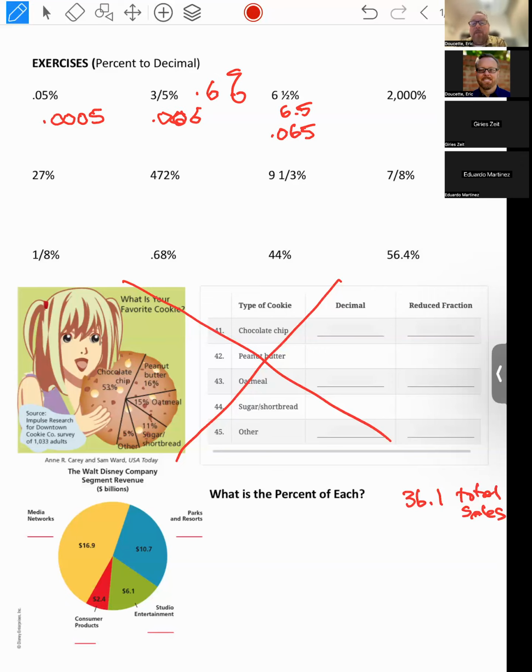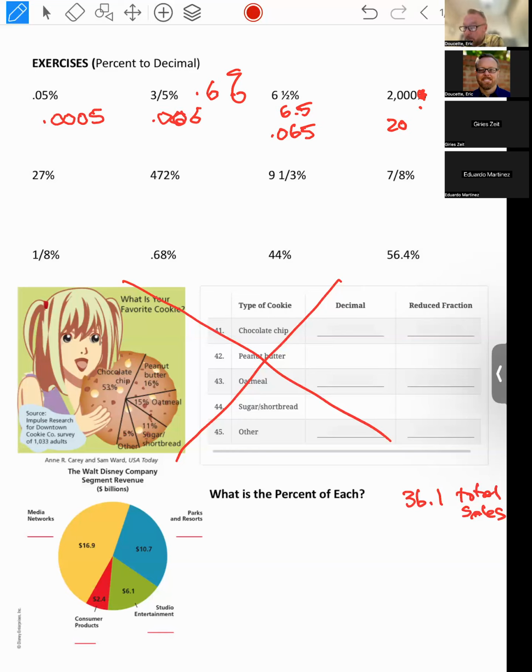You got it, but you had it right, 0.065. So you were on the right track. How about the next one, 2000? How would you make that into a decimal? So again, just remove the percent sign. That one I just got 20. 20.00. Pretty much it. It's a whole number. Yep.